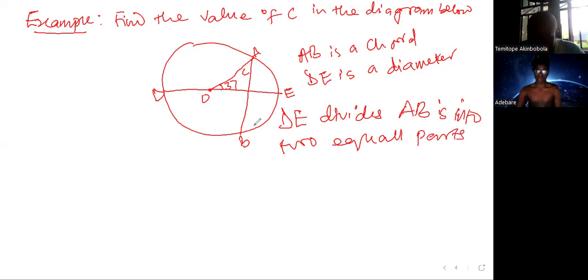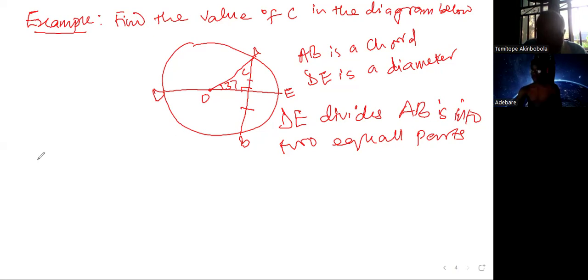That is a perpendicular bisector. So meaning that this part is equal to this part, and this angle is going to be 90. Is that clear? Yes, sir.